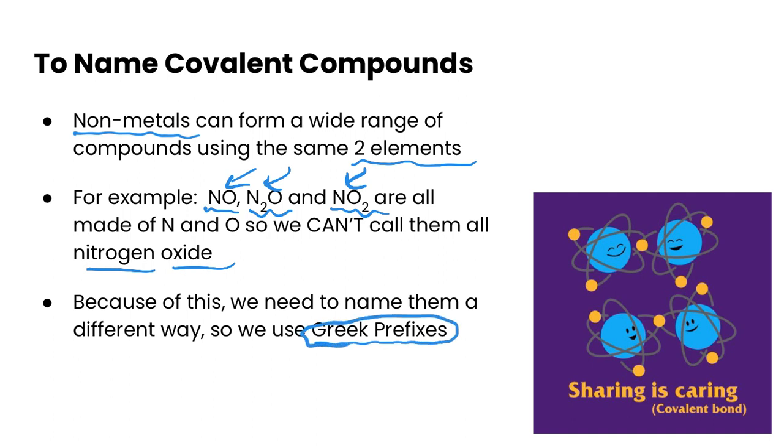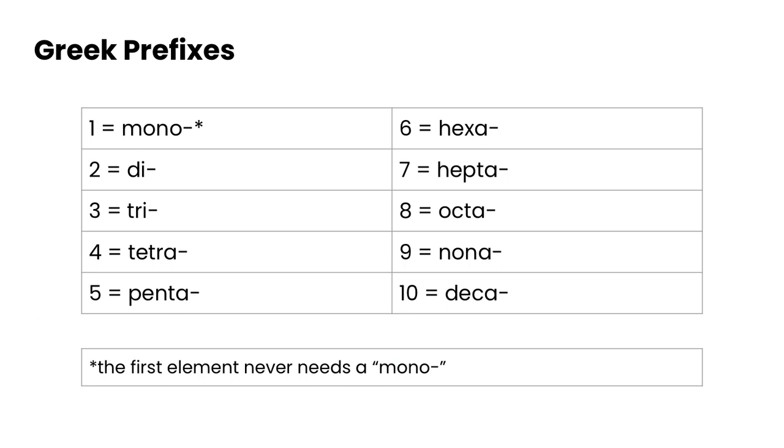Now, what are Greek prefixes? Greek prefixes are Greek words that we basically add. So pre means before, and so we fix these Greek prefixes to the beginning of each of the elements' names. Now you do need to know these.